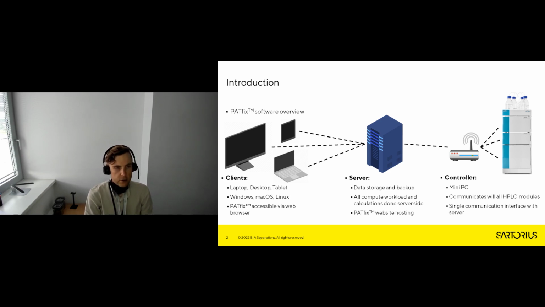The third component of the PATfix software is the controller. That is the PC that communicates between the server and the HPLC. This can be a very small PC box which provides Ethernet communication between all the components of the HPLC, such as the pump, the detector, the auto sampler, and then provides a single communication interface back to the server.